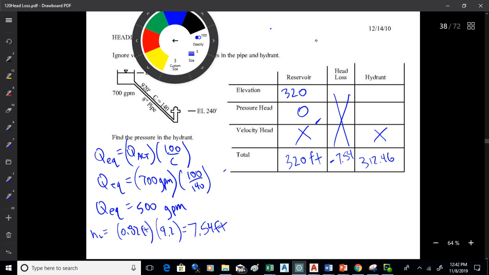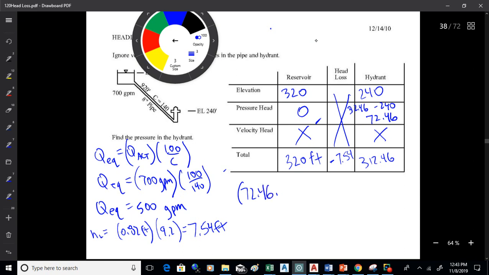And then we've got 240 feet of elevation at the hydrant. Based on that, we can back in and figure out the pressure head. It's 312.46 minus 240, so that comes out to be 72.46 feet.